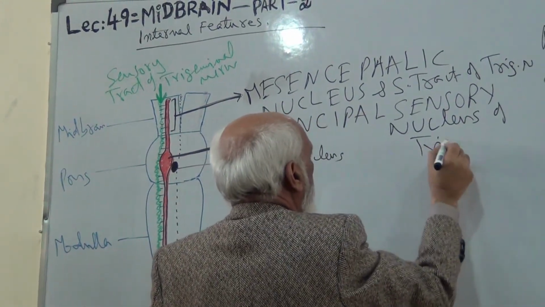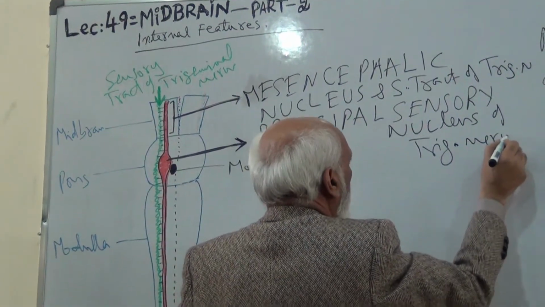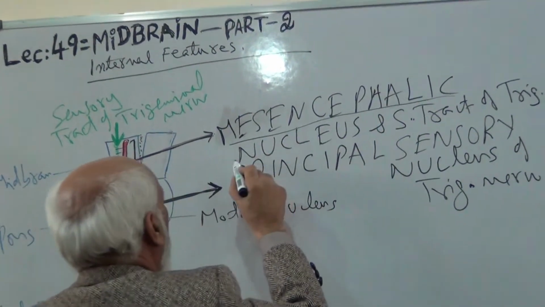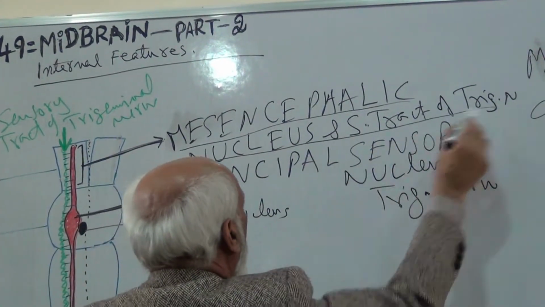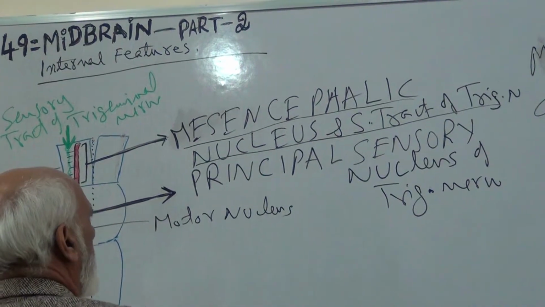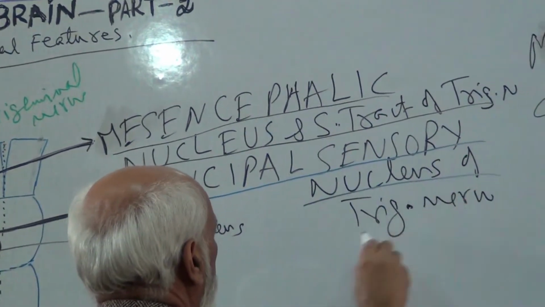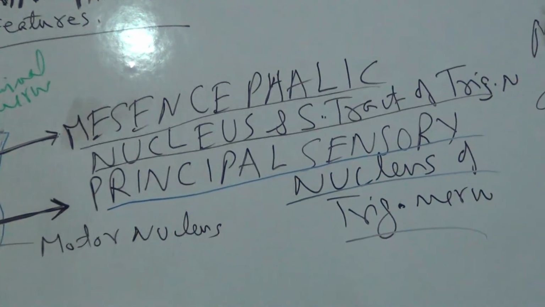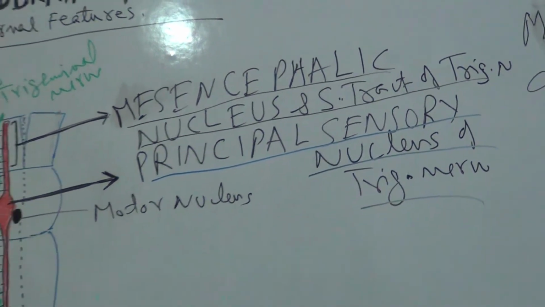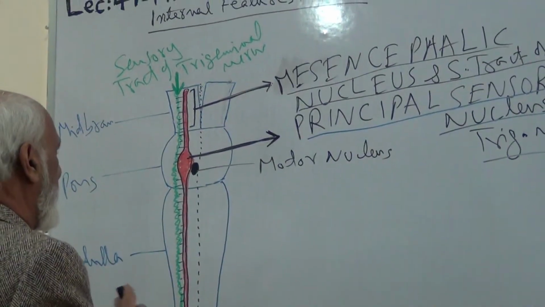And this is the principal sensory nucleus and tract of the trigeminal nerve, which is in the pons. Then it continues into the medulla oblongata and upper 2 or 3 segments of the spinal cord.